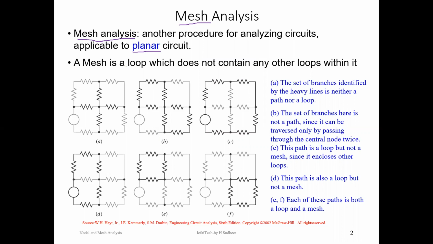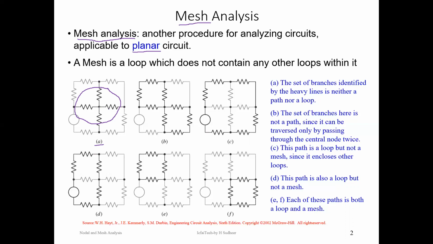So, how to identify a mesh? In a simple circuit, you can see in figure A, let us highlight the branches which are in dark and neglect the branches which are in light color. The set of branches identified by heavy lines is neither a loop nor a path, because if you start from node A, you cannot go to node B because there is no path provided.